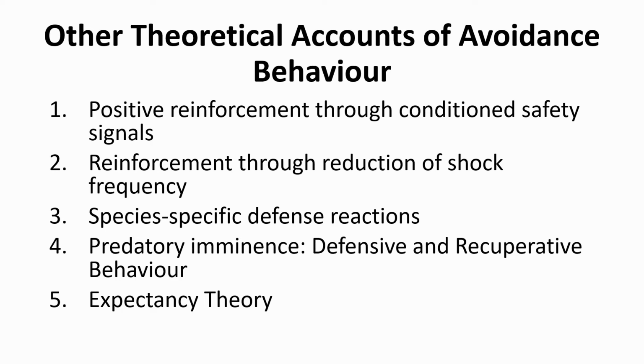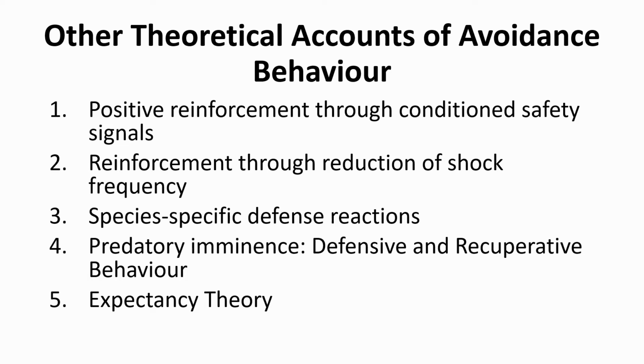We may also see some element of negative reinforcement by reducing the frequency of shocks that are experienced. So even though our two-process theory didn't really like the idea of reduction of shock being directly involved in maintaining those avoidance behaviors, they might be involved at some level. So they shouldn't be completely counted out.